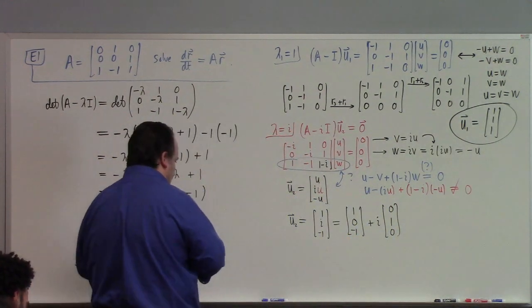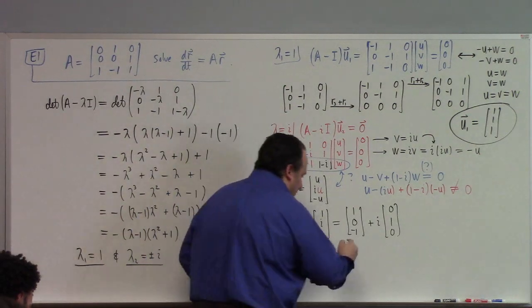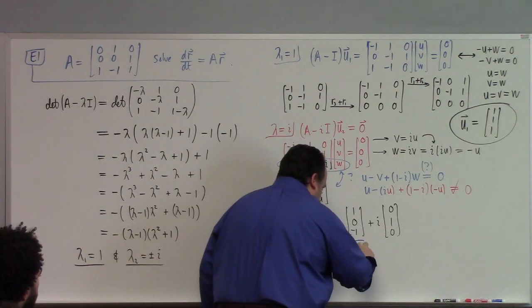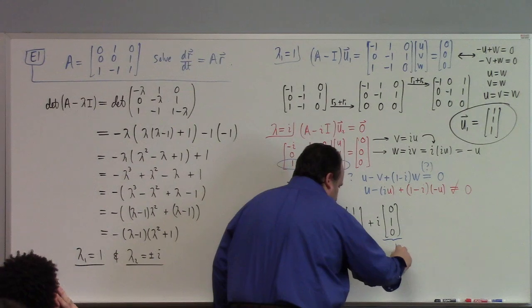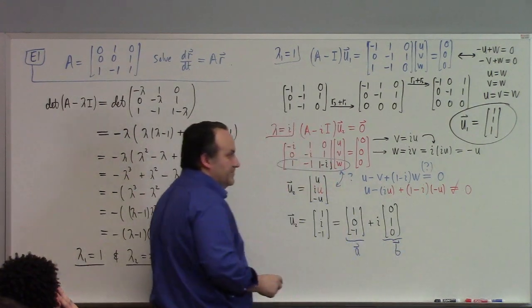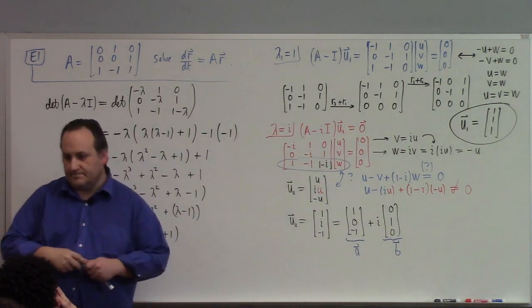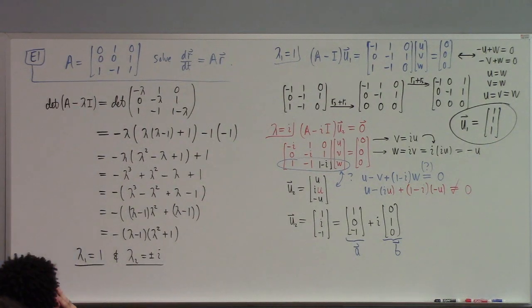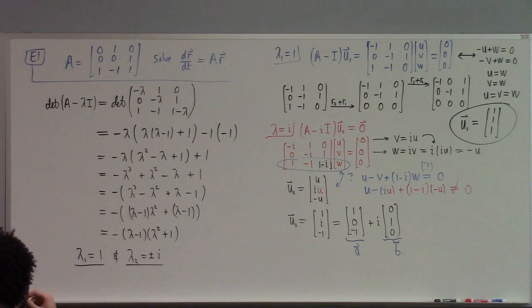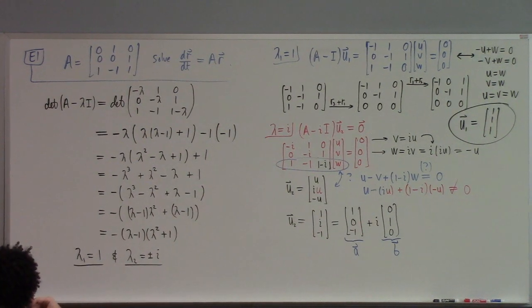Recognize, for this vector, this is my quote-unquote a vector, the real part of the eigenvector, and this over here, without the i in it, is my b vector. Now that I have identified the real and the imaginary part of my complex eigenvector, now we can go back and use the theorem and we can solve the problem. So let's do it.